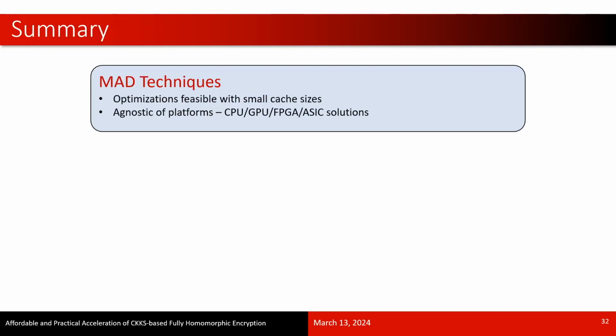And to summarize both the works together, through memory-aware design techniques, we propose several optimizations that are feasible with small caches and are agnostic of the underlying platforms, meaning that they can be used in CPU, GPU, and FPGA solutions, and even to build more affordable ASIC solutions.